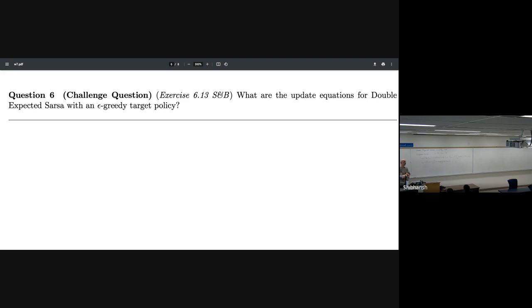And in the update equation, if you're updating one of them, then the target, the identity of the maximizing action, is computed based on the other action value function.